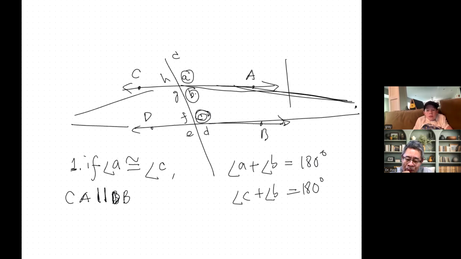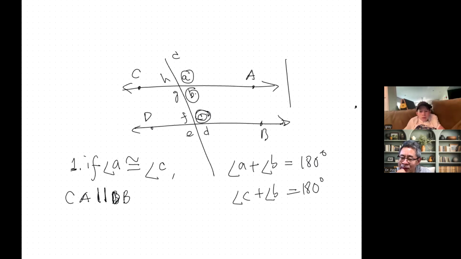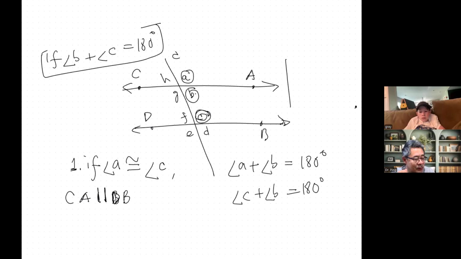So when B and C add to 180, then it's parallel. That's our basic rule, and everything is based on that: if angle B plus angle C is equal to 180, then those two lines are parallel. Everything we talk about here is based on this very simple rule. Okay, that's the first one.